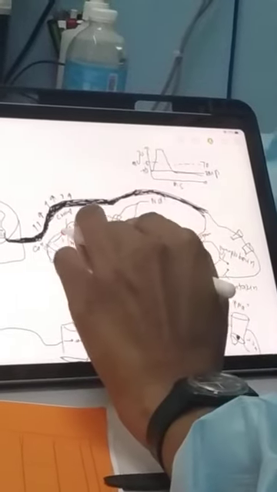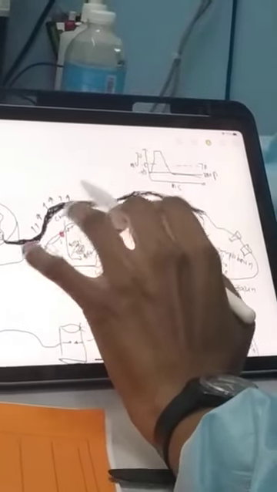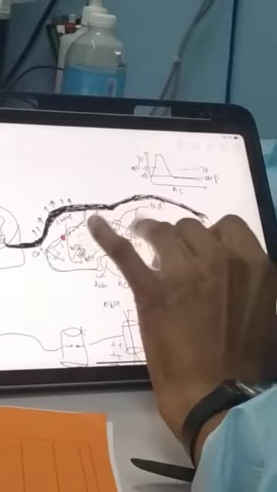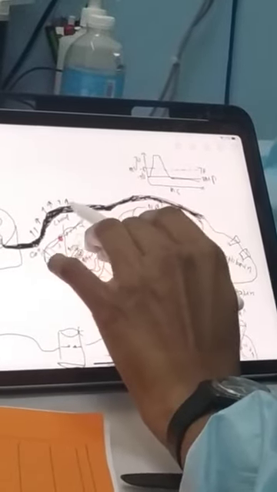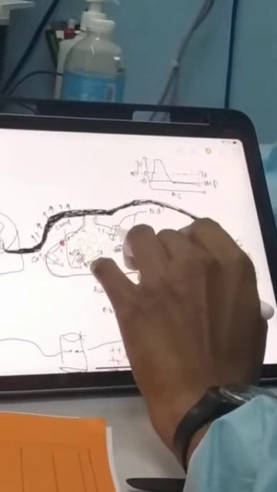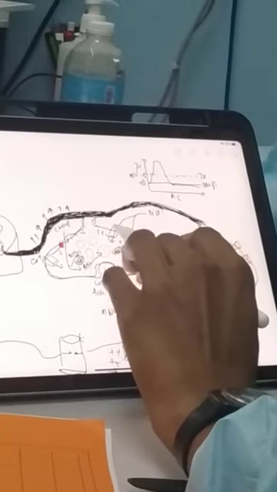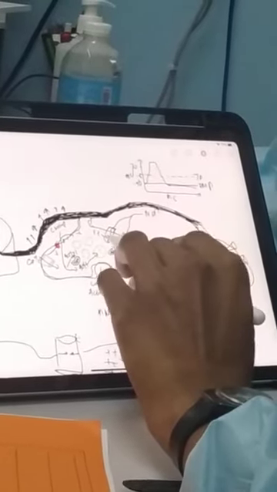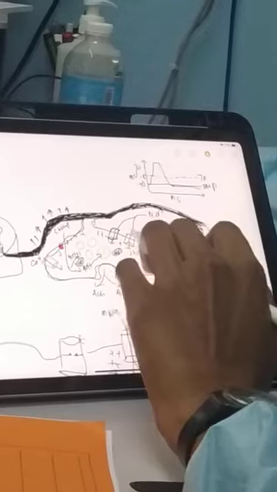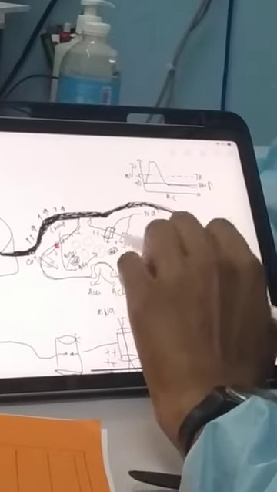Once the action potential goes into the axon terminal, there's a channel here, the voltage-gated sodium channel.